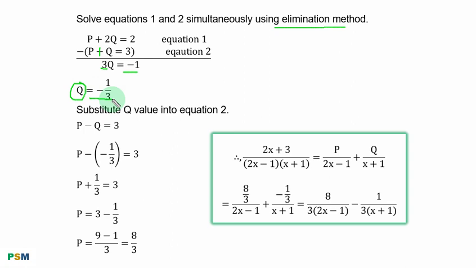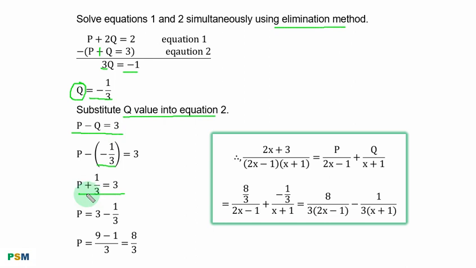To solve for P, you have to substitute the Q value into equation 2. This is equation 2. You replace Q with minus 1 over 3. If you open the bracket, you have this result.